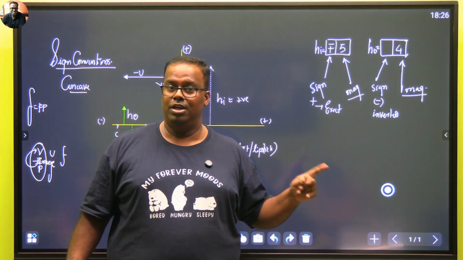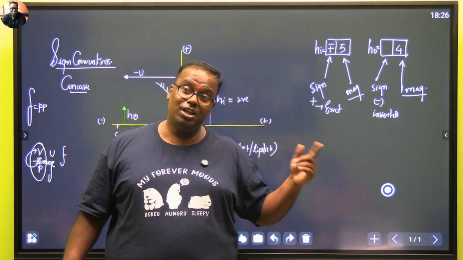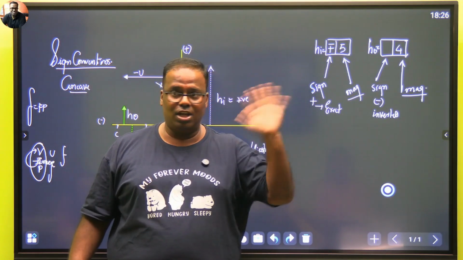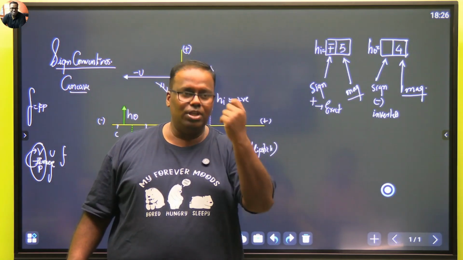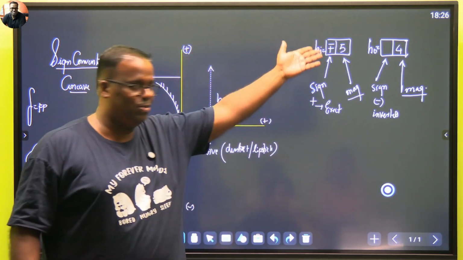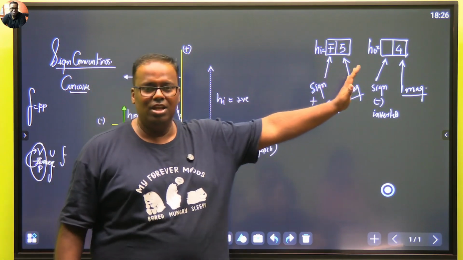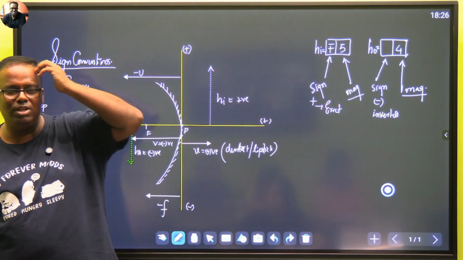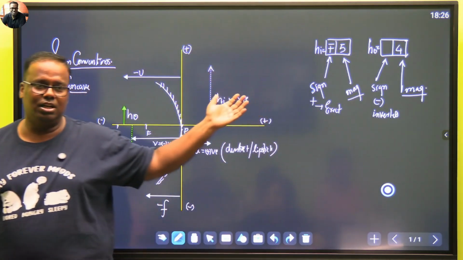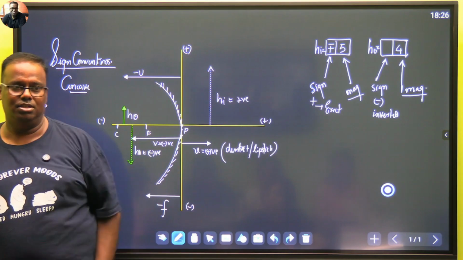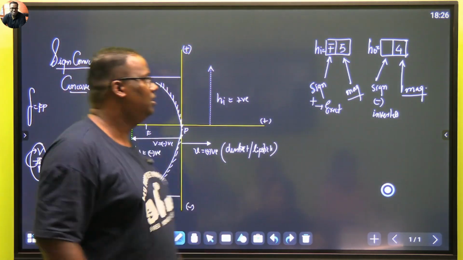No. Positive means erect. Erect में छोटा तो हो ही नहीं सकता है. Erect में एक ही केस है उस साइड में. Clear हो रहा है? So when you answer, you yourself will get to know whether you are answering it in a stupid manner or you are answering it correctly. Just think once, twice. Clear?